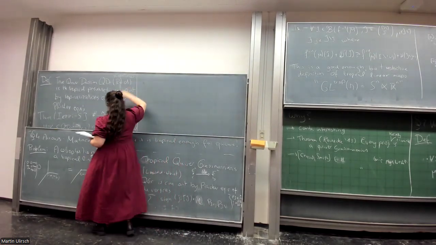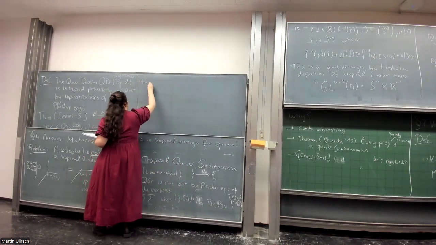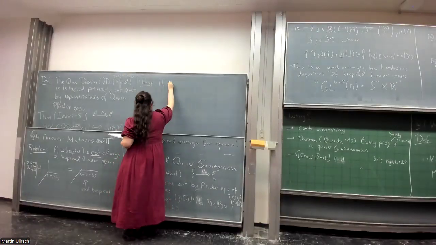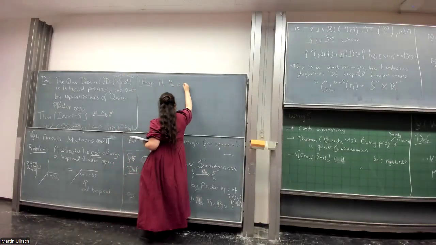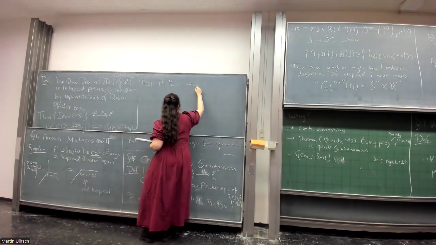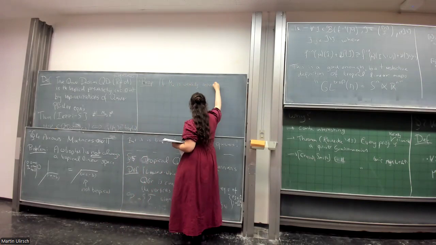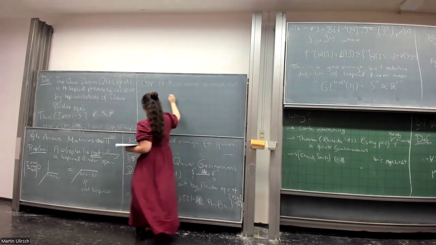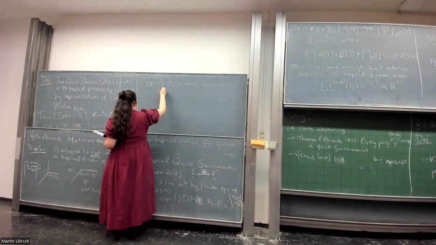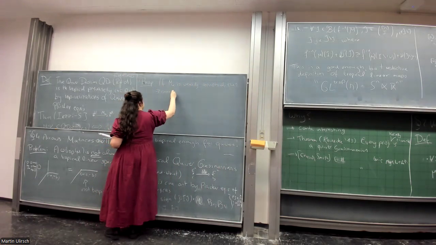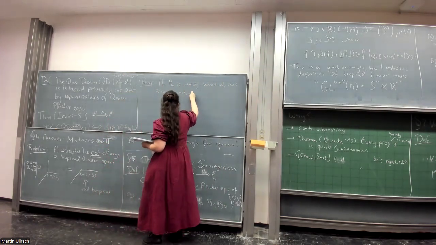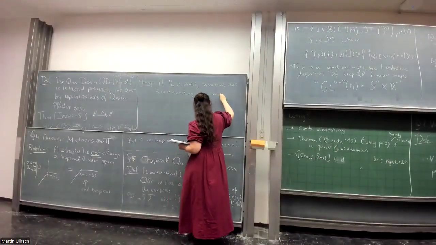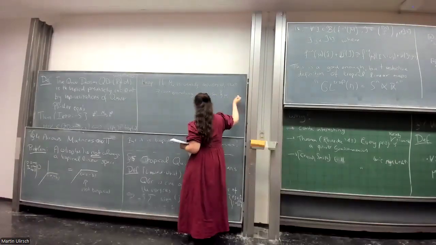So Julia and I show, and this is actually the most work we did in the paper: if M alpha is weakly monomial, then there exists a corresponding morphism F M, and the reverse is also true.